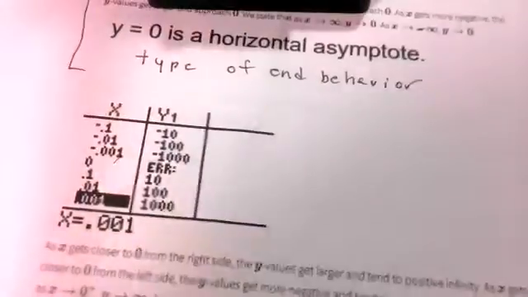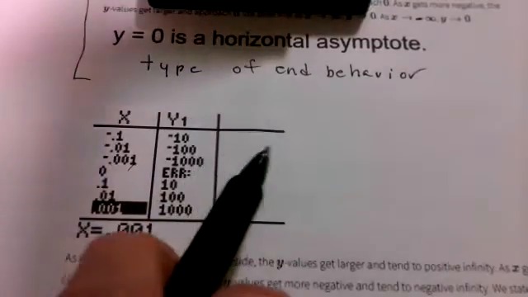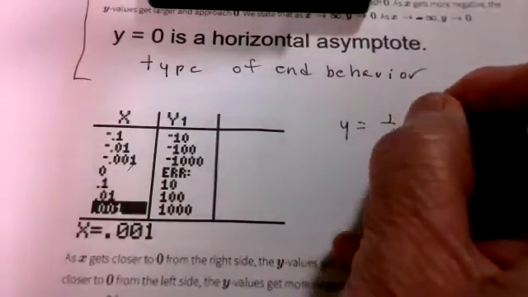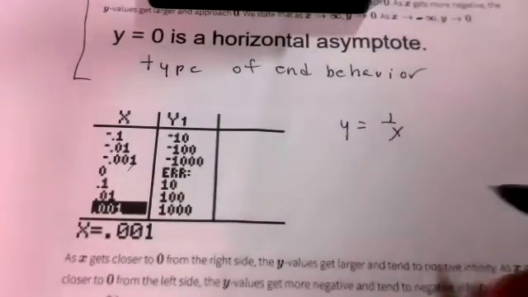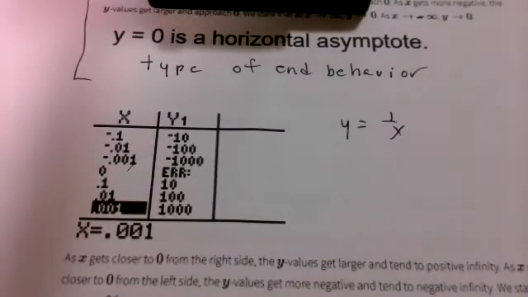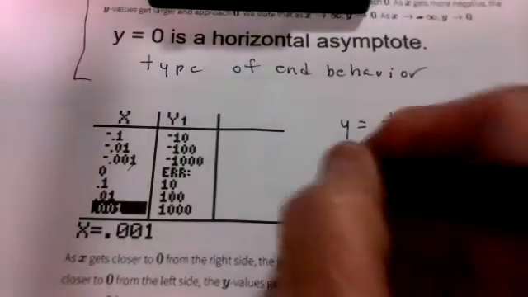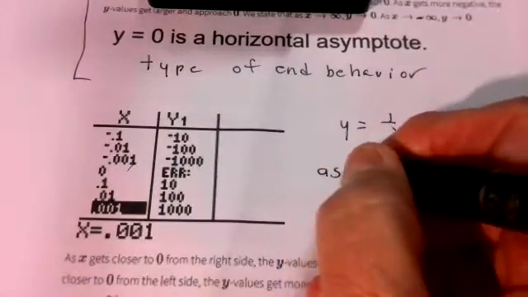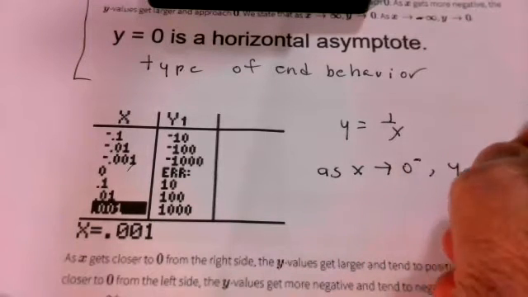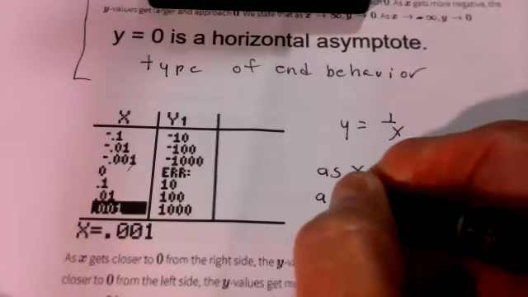If we look at this table, this is still y equals 1 over x. As x goes to 0 from the left, the y is going to negative infinity, and we've already talked about this.